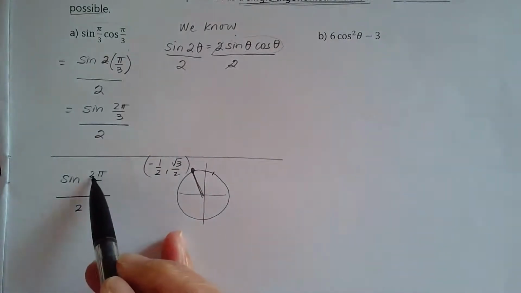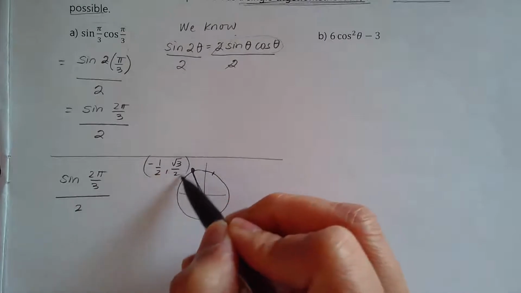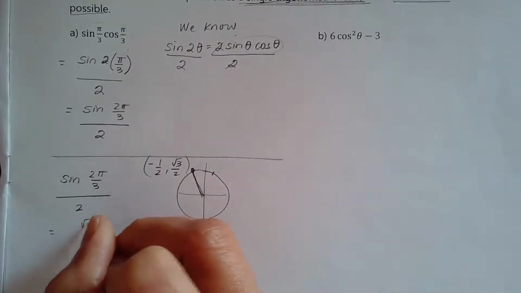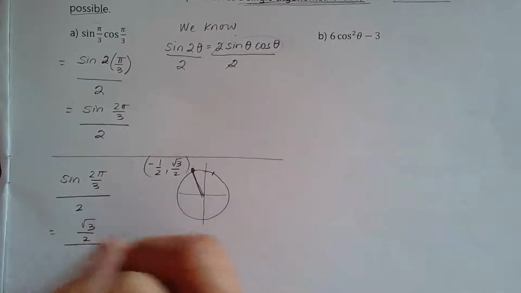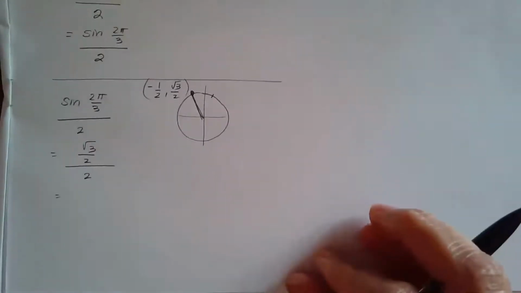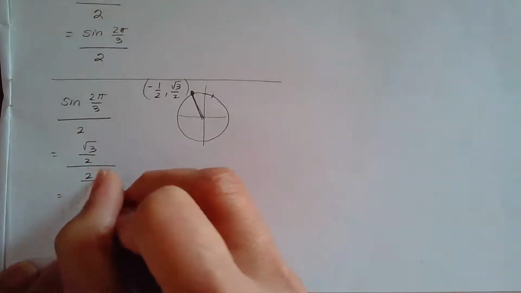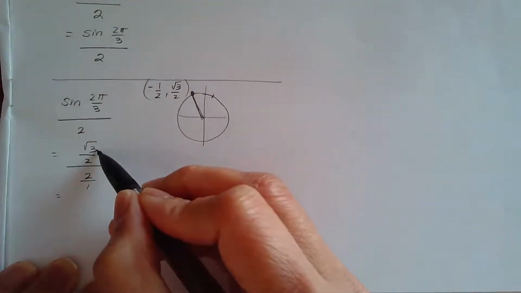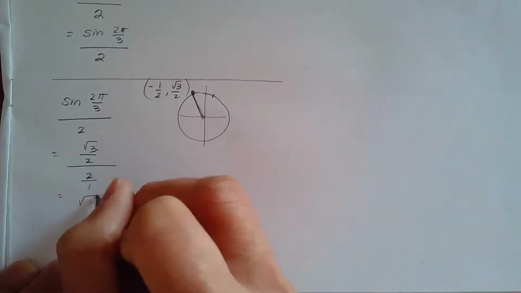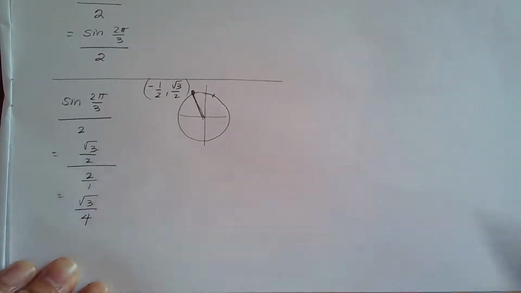So sine of 2 pi by 3 is root 3 over 2, divided by 2. Root 3 over 2 divided by 2 is going to be root 3 over 4.